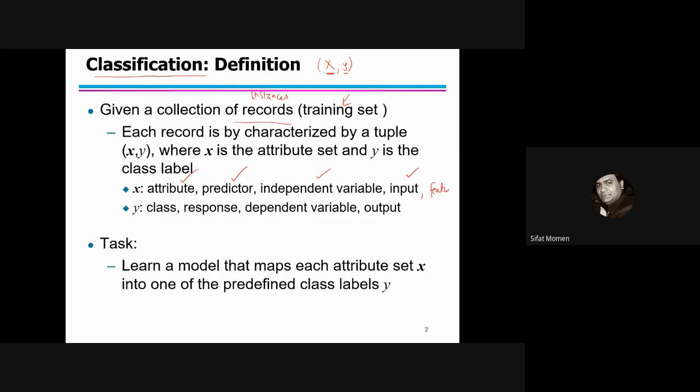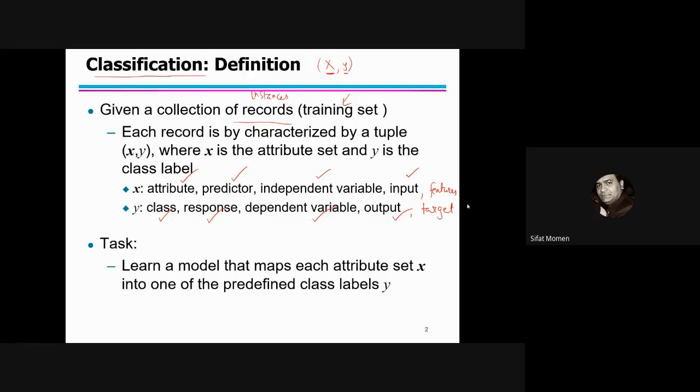These are the different names that we give to x. And what is y? Y is the target class that we would like to predict. It's a class, a response variable, dependent variable, output, whatever you want to say. Sometimes we also say it's a target that we would like to predict.